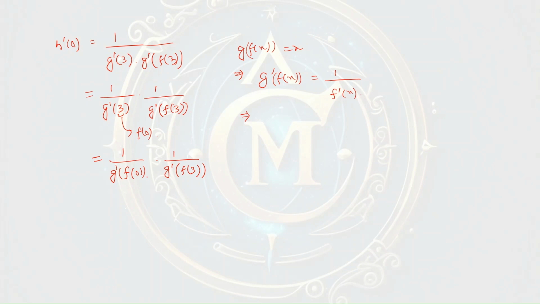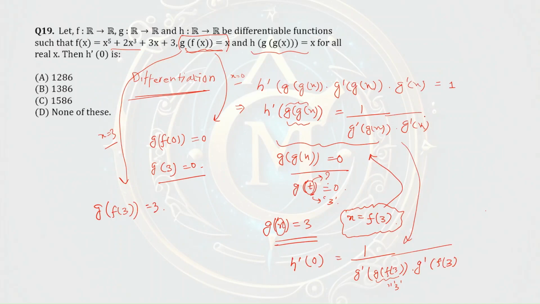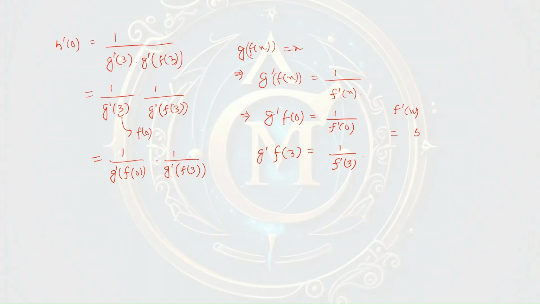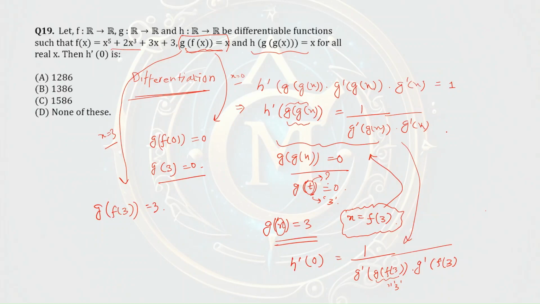So we can easily determine these two values from this. This becomes g dash of f of 0 becomes 1 over f dash of 0, and g dash of f of 3 becomes 1 over f dash of 3. Now f dash x we can determine from the given function. It becomes 5x to the power 4 plus 6x squared plus 3.